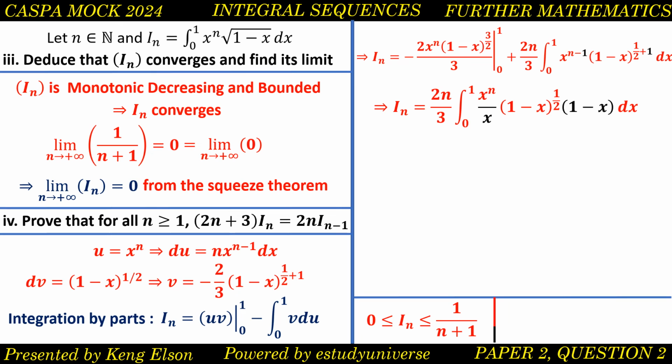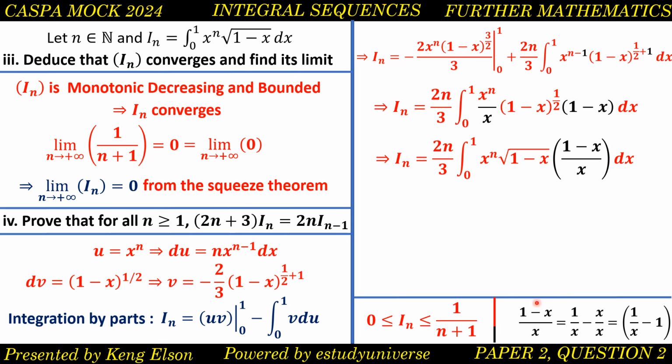So what do we do next? I can rewrite this by grouping all the terms in black together. 1 minus x to the power half is the square root of 1 minus x. Now I'm going to have 1 minus x divided by x as one term, and then x to the n times the square root of 1 minus x as another term.